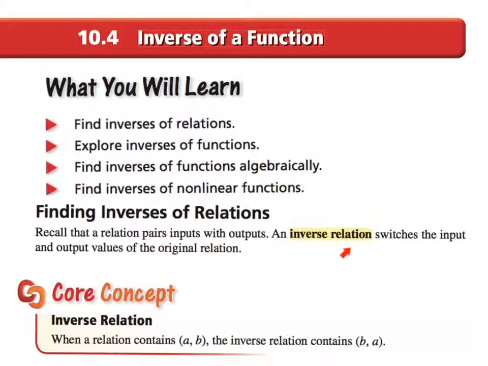An inverse relation switches the input and output values of the original relation. So basically, you're taking your x and you're taking your y and you're reversing them. That's all you're doing. So in our core concept, it says when a relation contains (a, b), the inverse relation contains (b, a).